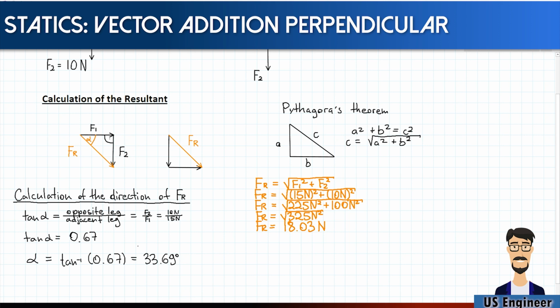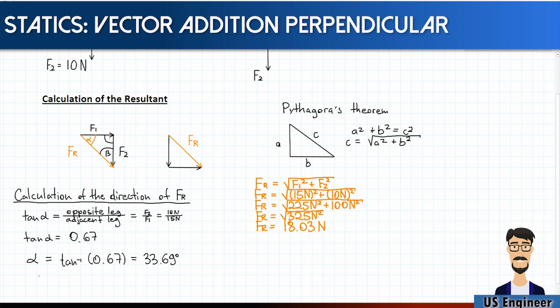Now, sometimes you might be looking for the angle between FR and F2. And how do we find the angle between FR and F2? Well, first of all, let me denote that angle as beta. If you want to calculate beta, then your opposite leg is going to be F1, and the adjacent leg is going to be F2.